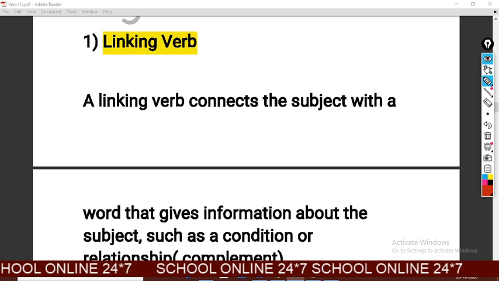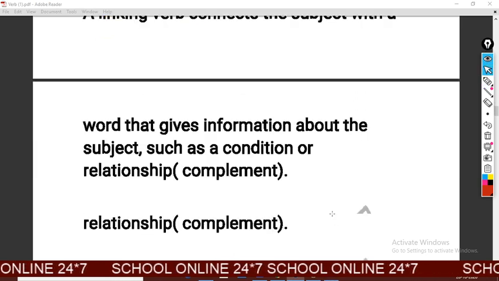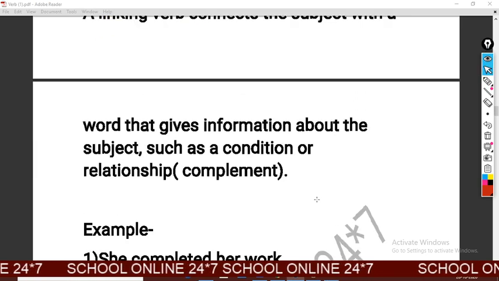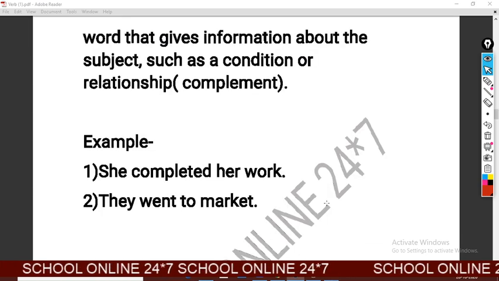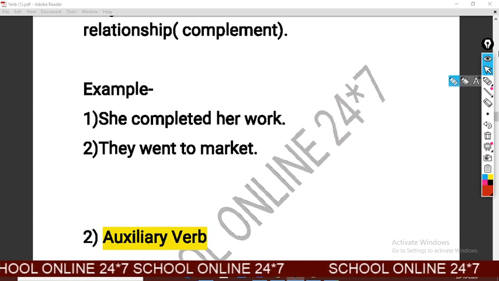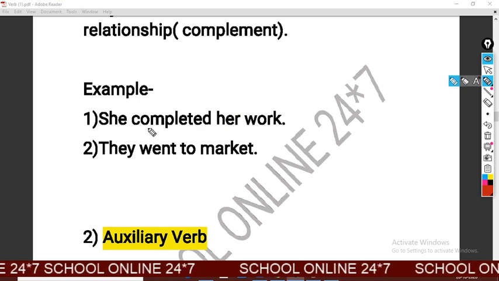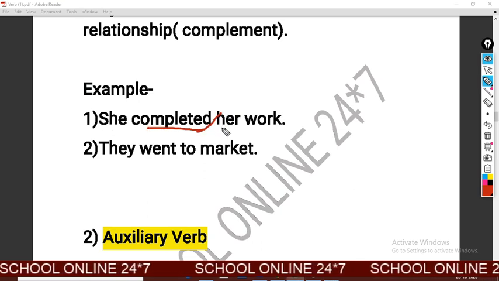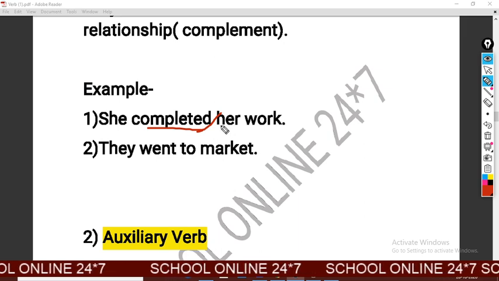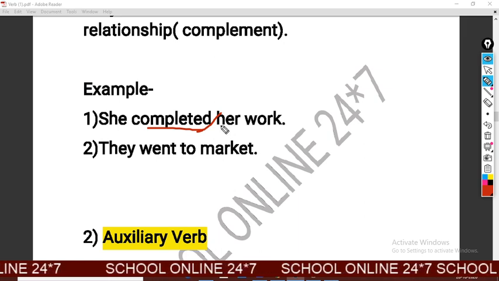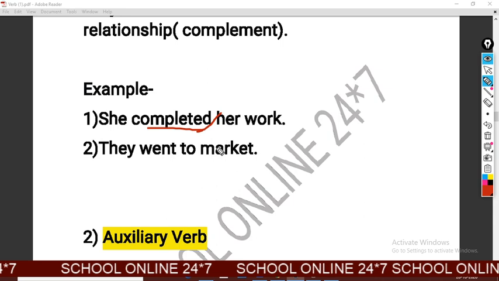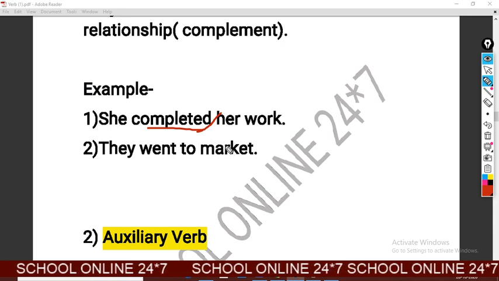Now look at the examples. She completed her work. Completed is the verb here and it gives us information about the subject, that she has completed her work.